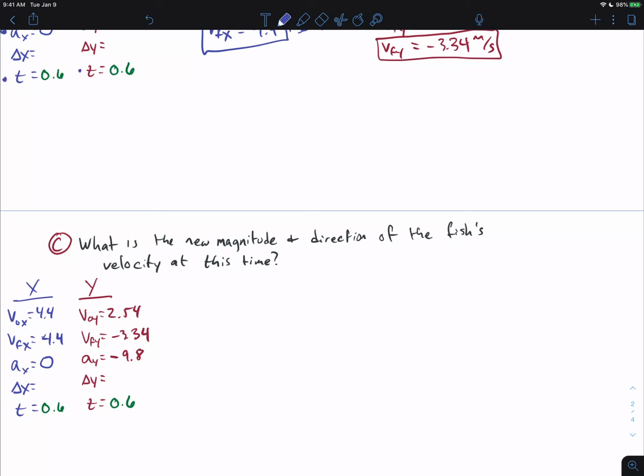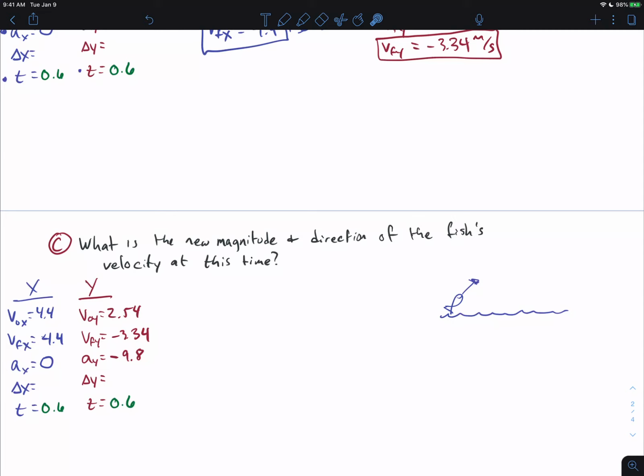So if we draw our picture again: in the beginning, we had the fish jump out of the water, okay? So we had a positive vertical and positive horizontal component. So it was moving to the right and it was moving upward, right? Now at some time later, it's still moving to the right. We have a positive horizontal component, but our vertical component is negative.